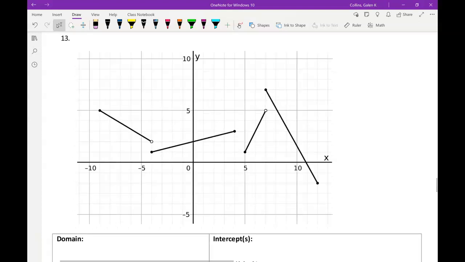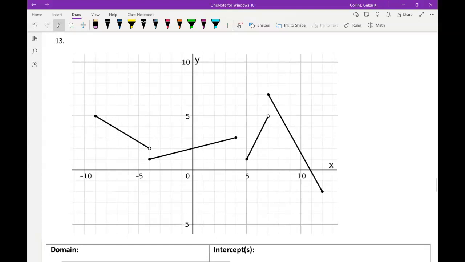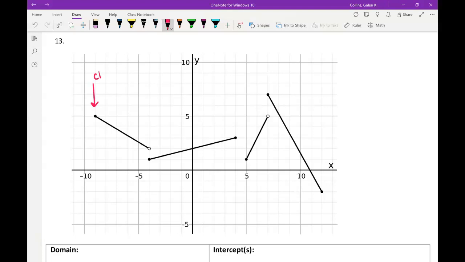So for my domain, I've got to be really careful here. To clarify something, where I see a closed circle, a circle that's filled in, the function exists there. Where I see an open circle, it does not.